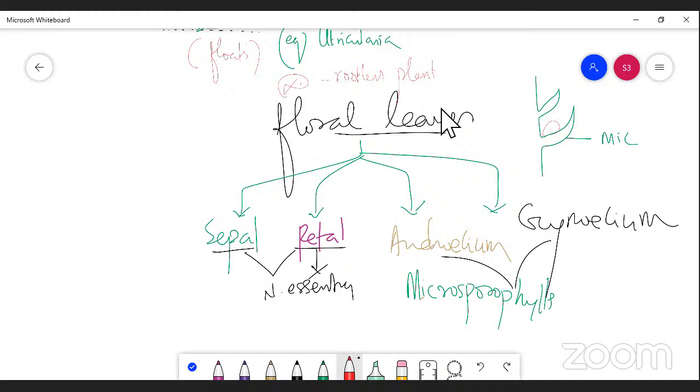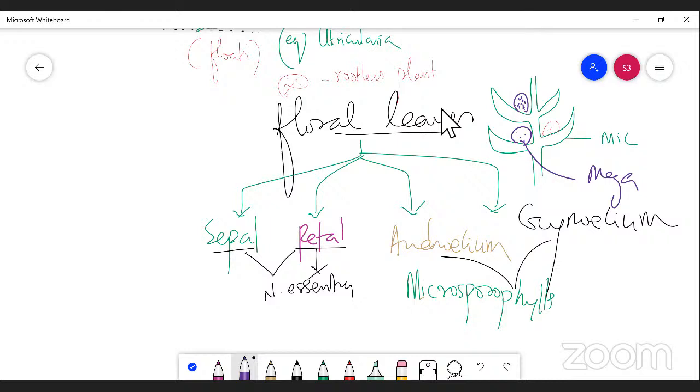Sometimes there is a megasporophyll. A megasporophyll is also nothing but a leafy portion. It also protects the pistil or gynoecium, or the ovary portion. This is called a megasporophyll, right? This is also a modification of the leaf. So, microsporophyll and megasporophyll.